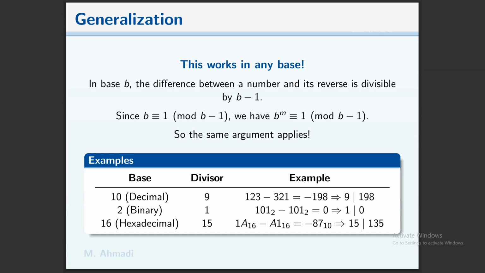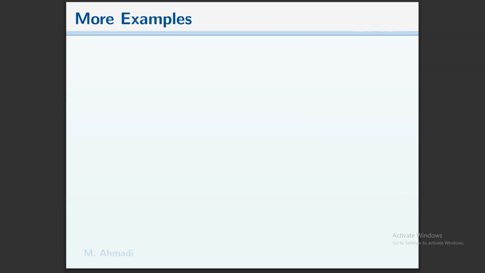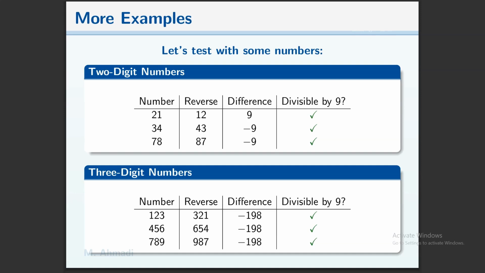In base 16, hexadecimal, the divisor is 15. 1a in base 16 minus a1 in base 16 equals minus 87 in base 10, and then we can see that 15 divides 135.